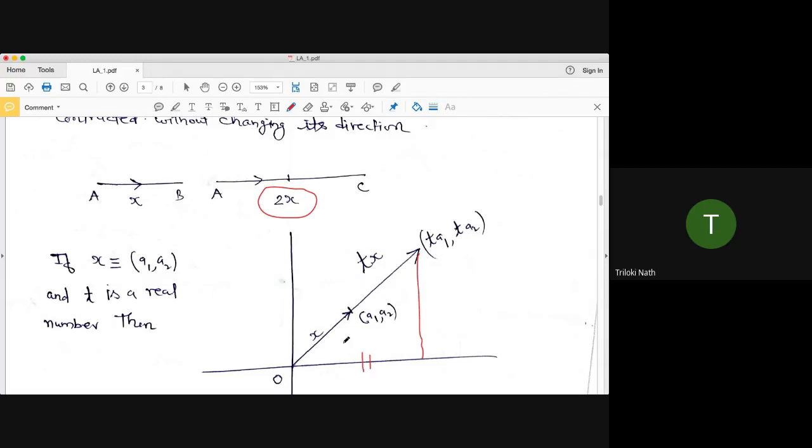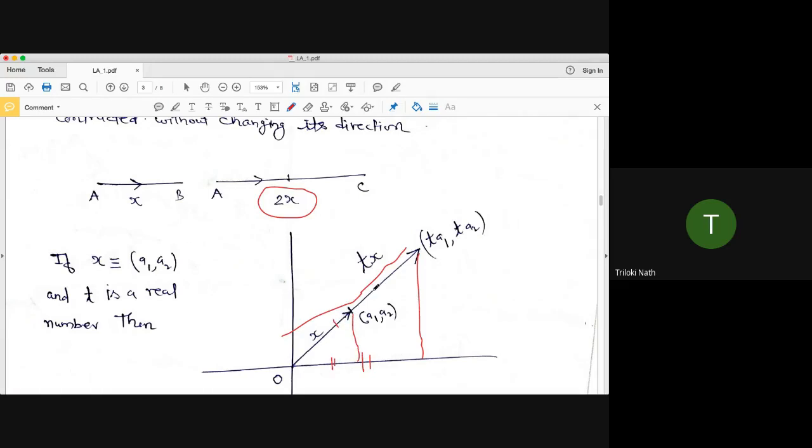So if this is x, and this is the vector tx from here to here, then suppose, for example, t is 2. Then what is this? This will be a1. Then what is the relation between these two?